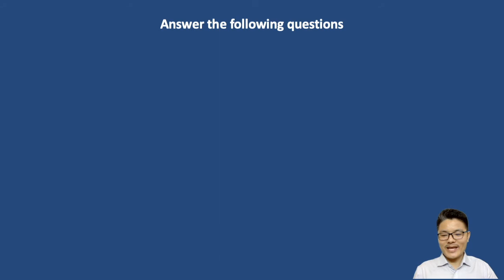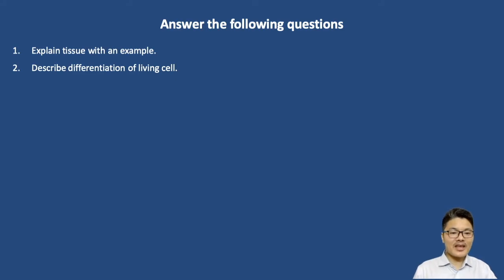Now you need to answer these questions. Your first question is you need to explain what is tissue with an example. Then second, you need to describe differentiation of living cells. You can describe differentiation with the help of plant tissue, as I have explained.